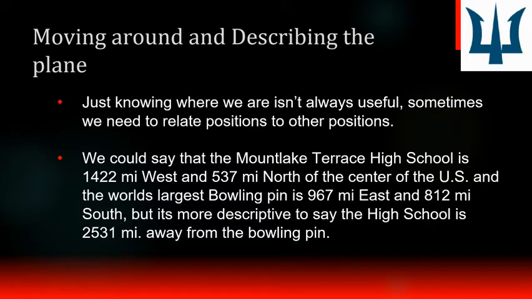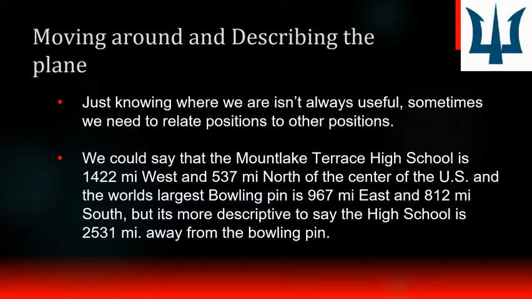These numbers are real numbers. We could say that Mount Lake Terrace High School is 1,422 miles west and 537 miles north of the center of the contiguous U.S. And we could say that the world's largest bowling pin is 967 miles east and 812 miles south.